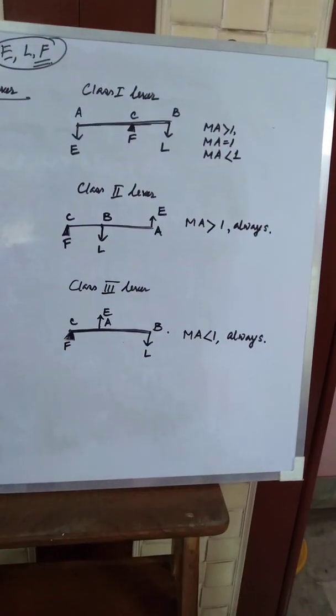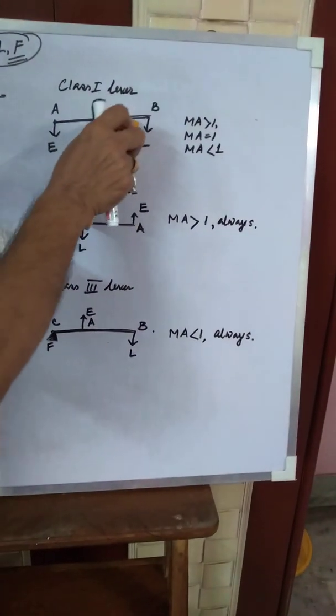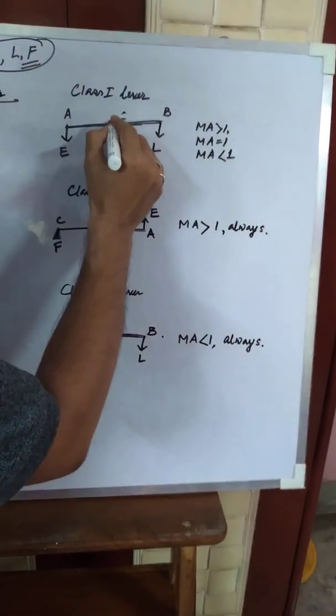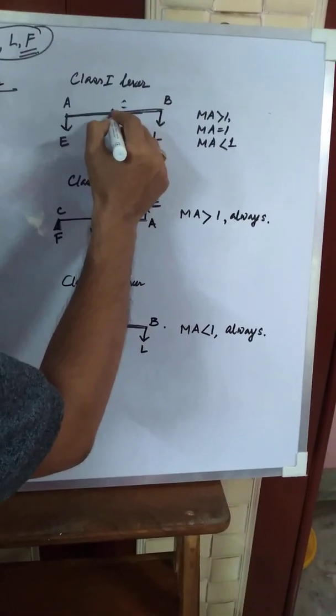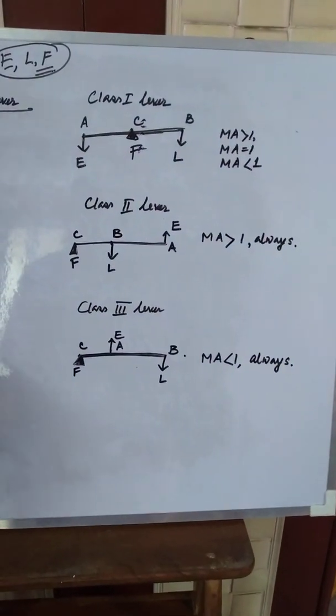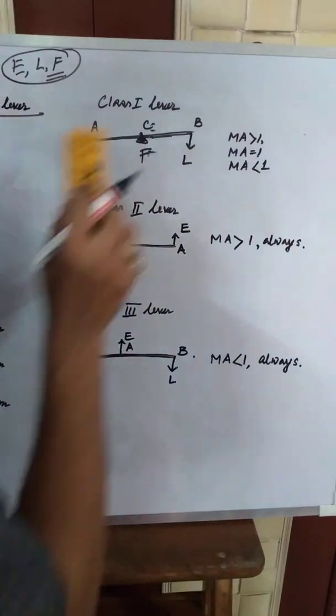Now consider that the fulcrum is situated just at the middle. So AC and BC are both the same, then the mechanical advantage is equal to 1.